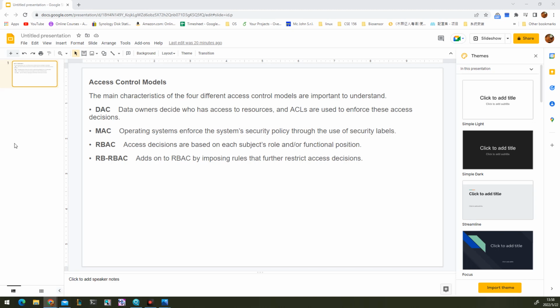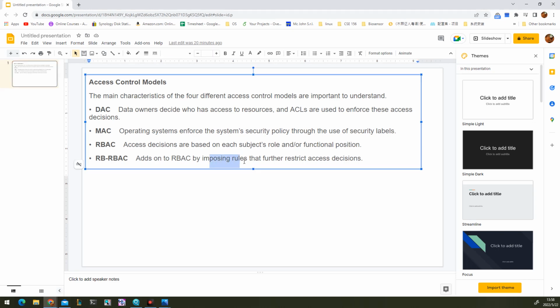And then the last one is the rule-based asset control. That has more decisions. It adds more rules on top of the RBAC to impose the rules.